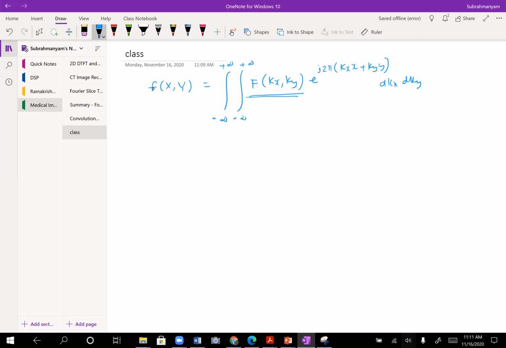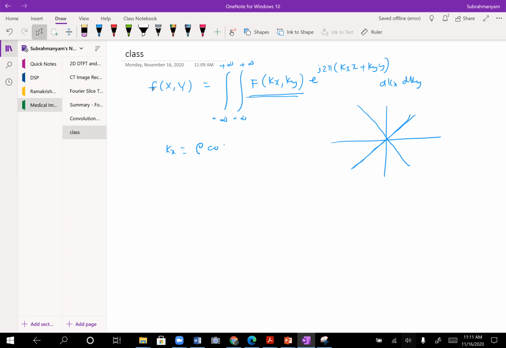So what we do as a first step here is, for example, you take a change of variable, because if you want to make use of the Fourier slice theorem, you have this for varying values of theta, and for each theta for varying values of rho. So that's why we change this transformation, so that we could exploit the Fourier slice theorem.